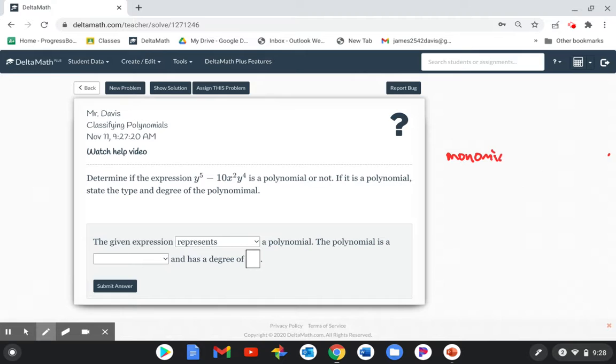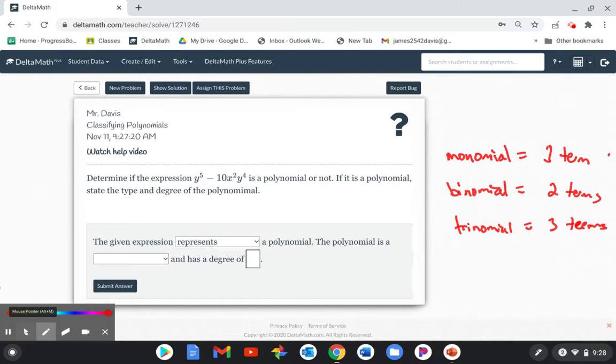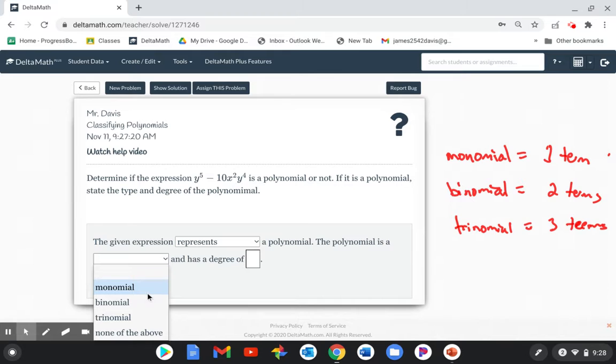So monomial is a one term. If we have two terms, it's called a binomial, like a bicycle. And trinomial is with three terms. And we don't really go beyond that in naming them. So those are the only options we have, or none of the above.